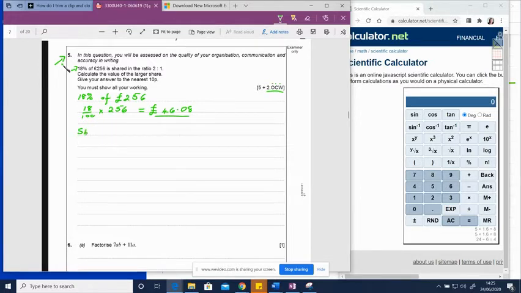So if it's shared in the ratio of 2 to 1, that means there are 3 parts. So if I split 46.08 into 3 parts, and you can see I'm writing everything down here because it's an OCW question. Split 46.08 into 3, which is simply 46.08 divided by 3. 1 part is equal to £15.36.